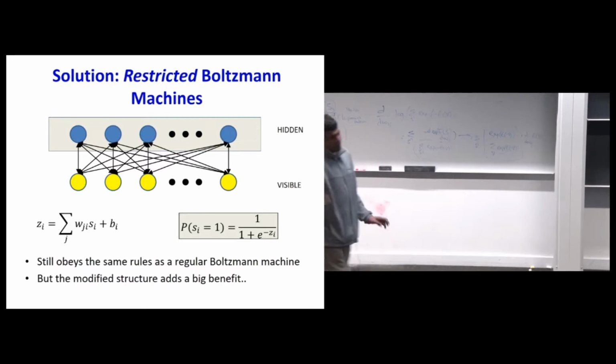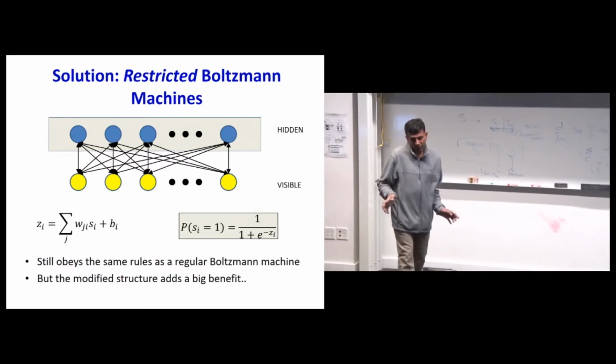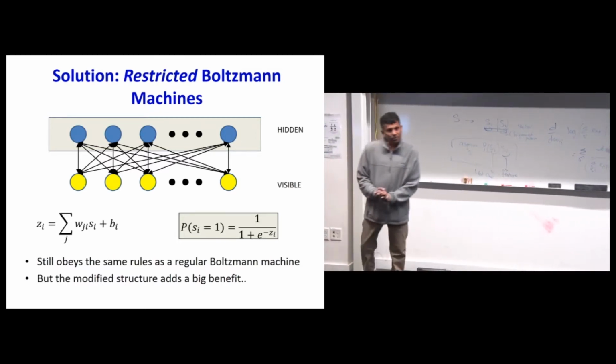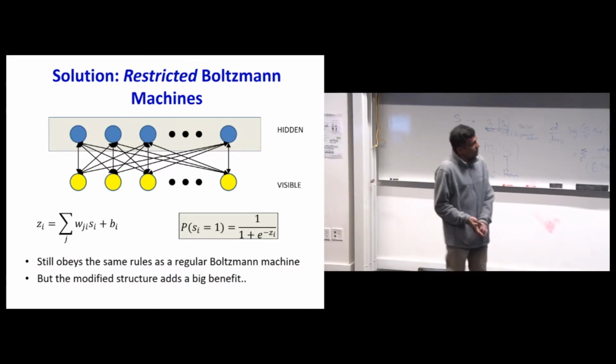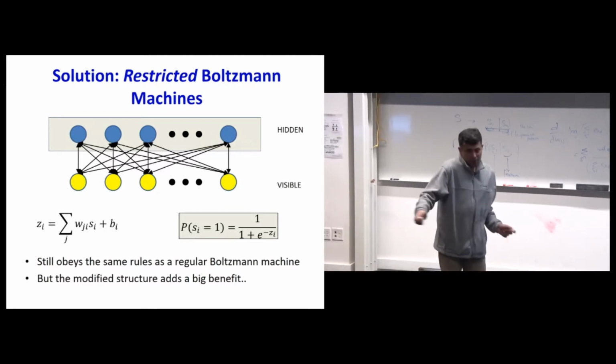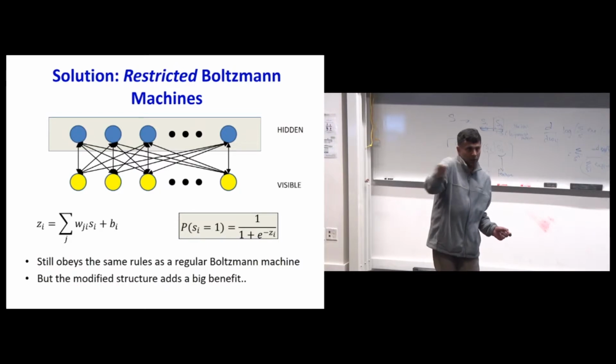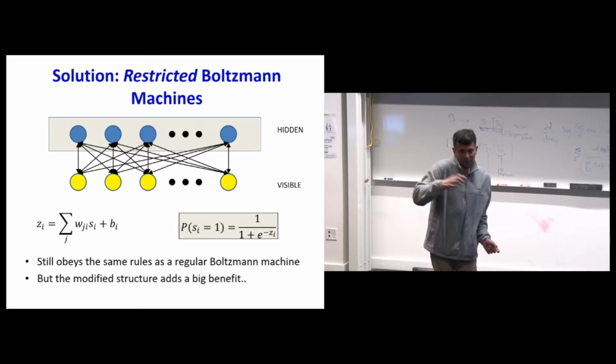So let me go through this, right? Here is the key piece. Now sampling becomes a very trivial thing. If I give you some visible patterns, you're only going to sample the hidden patterns. And there's no looping because everything is sampled only once, right? The hidden patterns don't talk to one another.